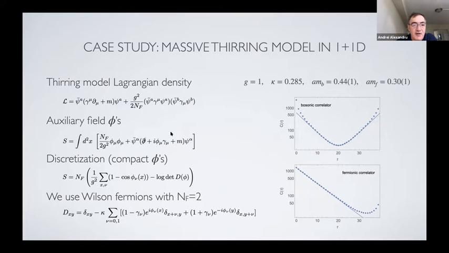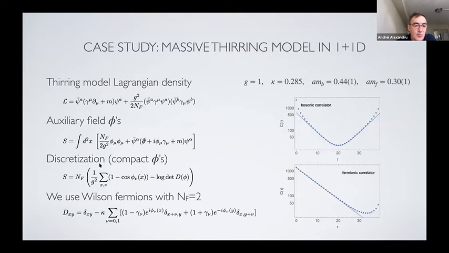The advantage is that this quadratic form can be actually integrated exactly, so you don't have to represent Grassmann fields on the computer. And when you integrate them exactly, the fermionic contribution becomes a determinant, the so-called fermionic determinant, which is a function of the auxiliary field phi.